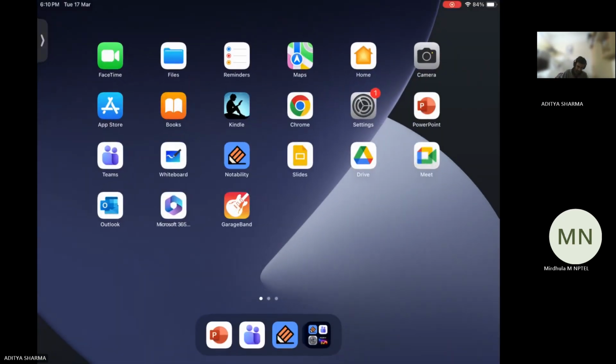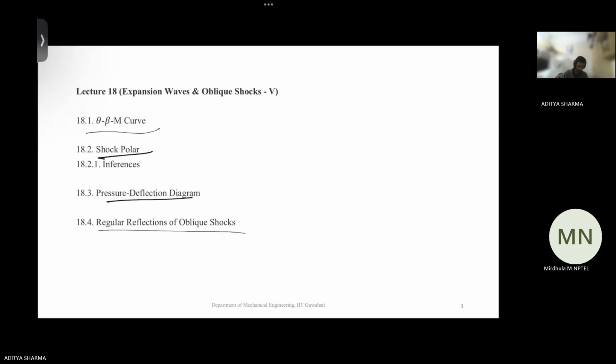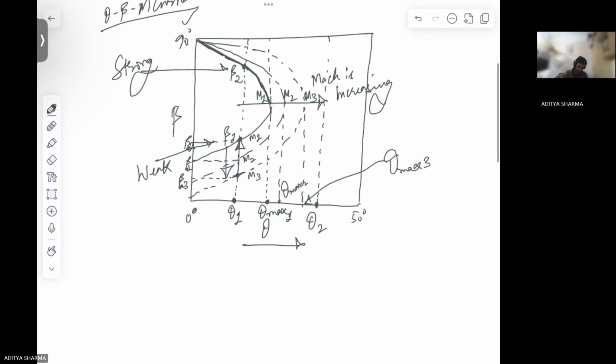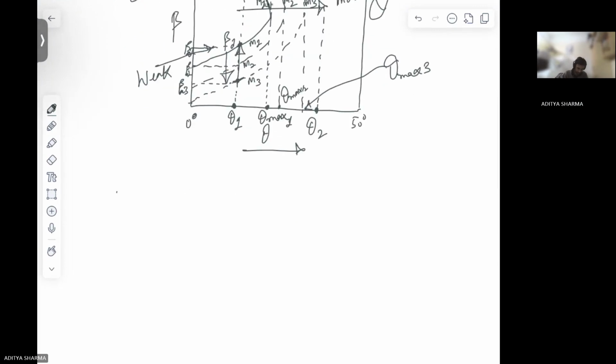Next is your shock polar. Now what is shock polar? Shock polar basically gives you velocities, and which velocities?